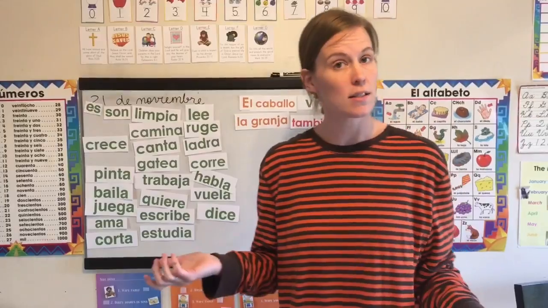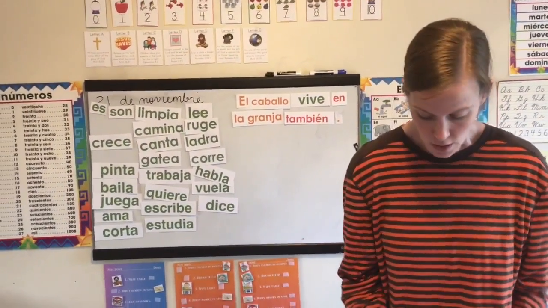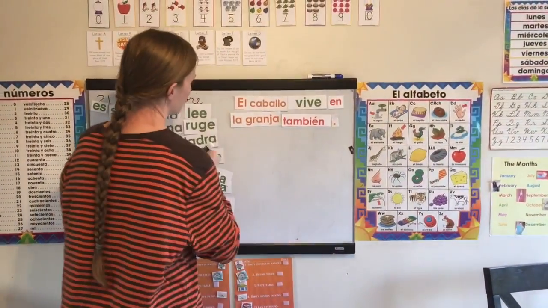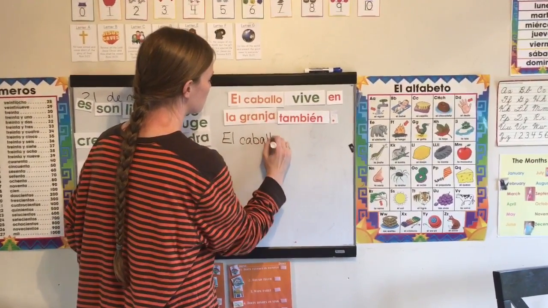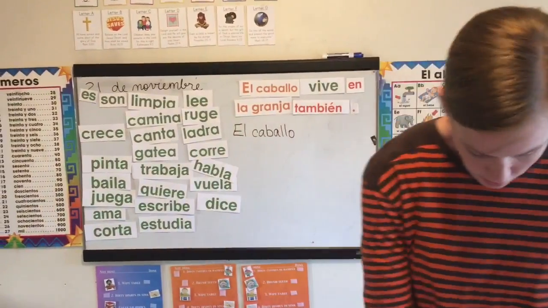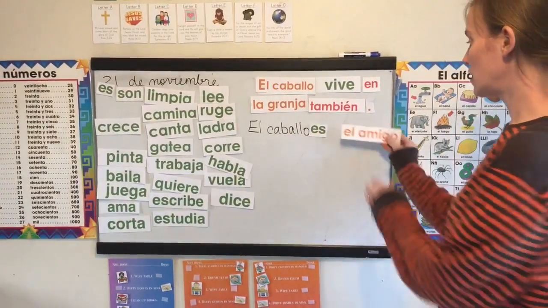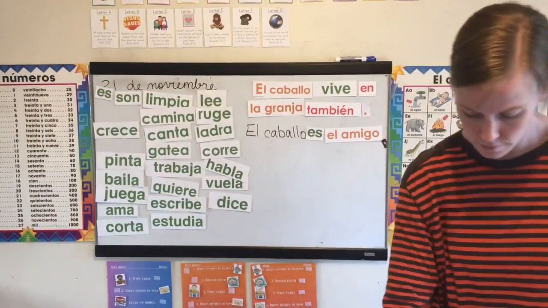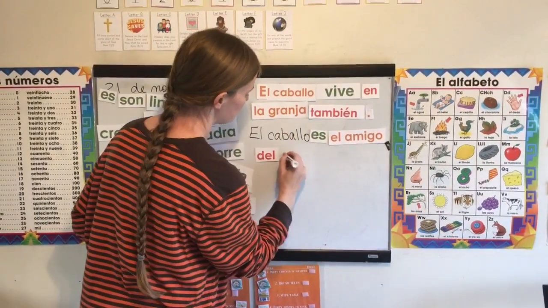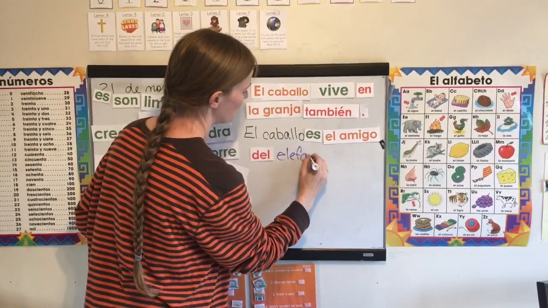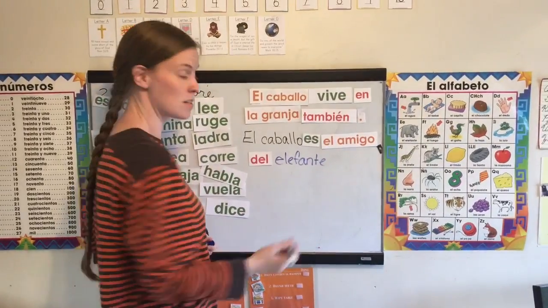Now I want to say that he's a friend of the elefante, so I will say, capital letter, el caballo es el amigo del elefante. And what do we put at the end of a sentence?